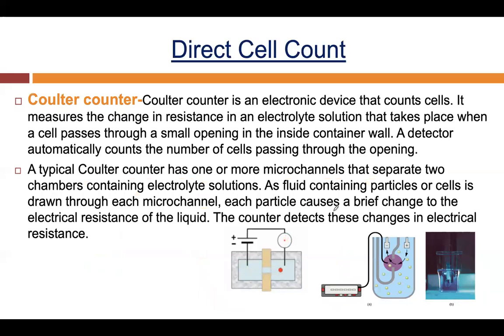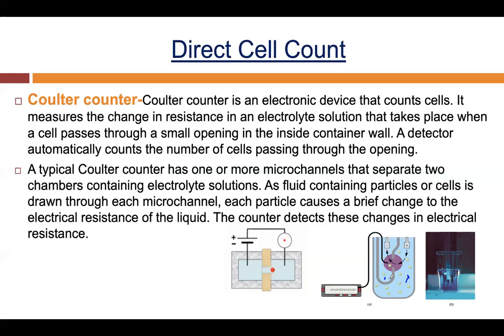Another way to count is called the Coulter counter. This Coulter counter checks the density. Basically, inside the counter there are 2 chambers. One is a large chamber like this one, and this is the small chamber.